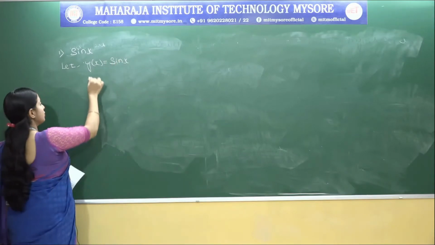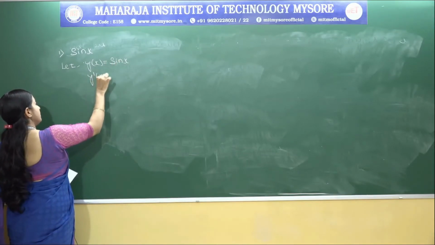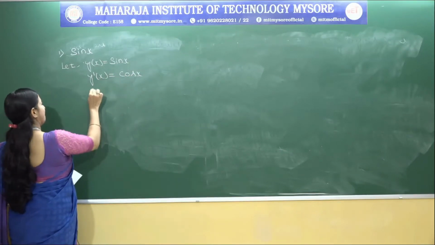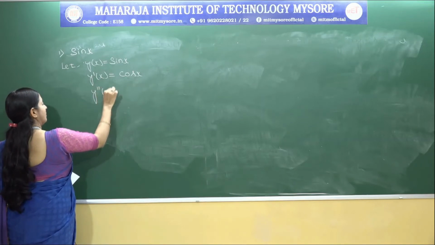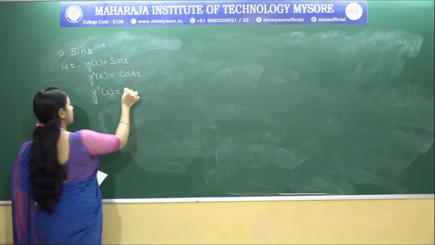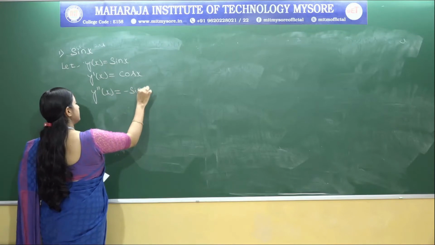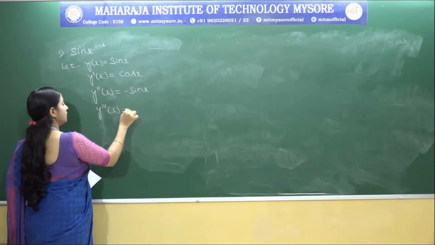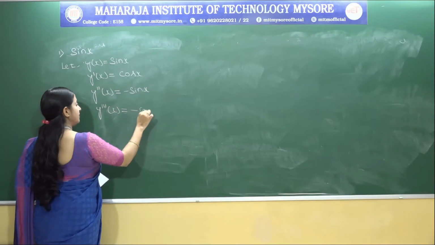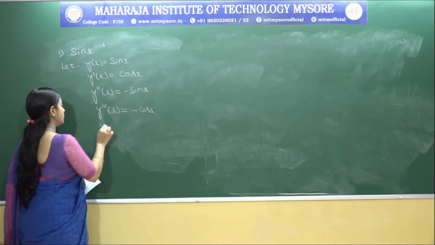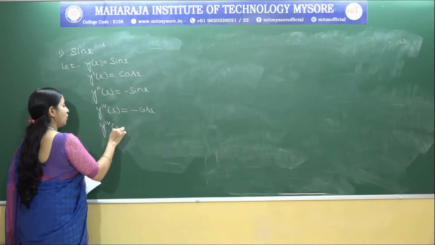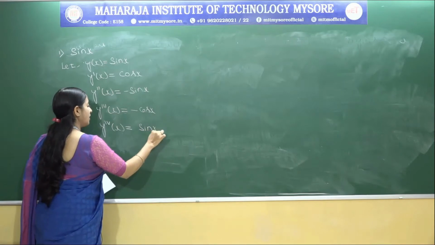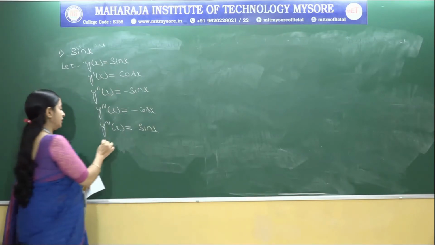Take the differentiation: y dash of x is cos x. The second derivative, the differentiation of cos x, is minus sin x. Third derivative: the differentiation of minus sin x is minus cos x, since you have the negative sign, retain it. The fourth derivative is sin x, since you already have the negative sign, you will get the positive.